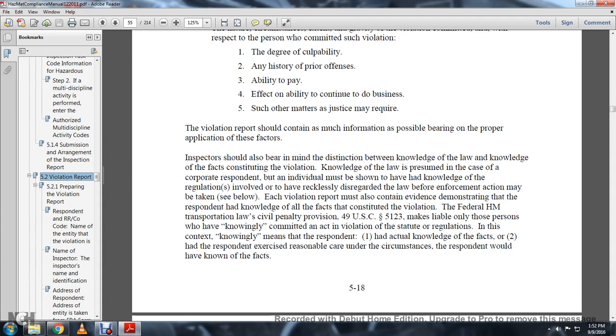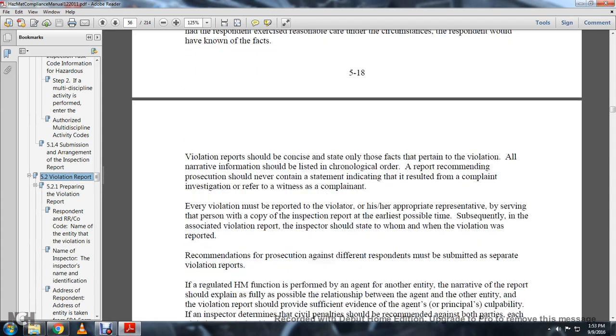Each violation report must also contain evidence demonstrating knowledge of all the facts that constitute a violation of the Federal Hazmat transportation laws, civil penalty provision, Title 49 U.S. Code 5123, which makes liable only those persons who have knowingly committed any violation of the statute or regulations. In this context, knowingly means the respondent had actual knowledge of the facts, or that the respondent, exercising reasonable care under the circumstances, would have known the facts.